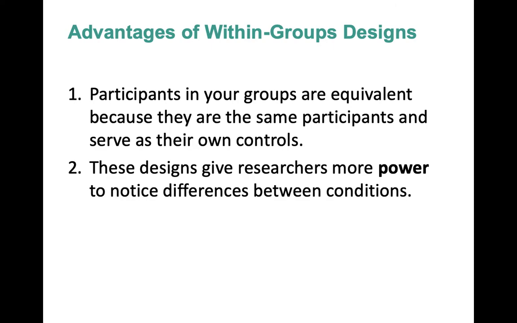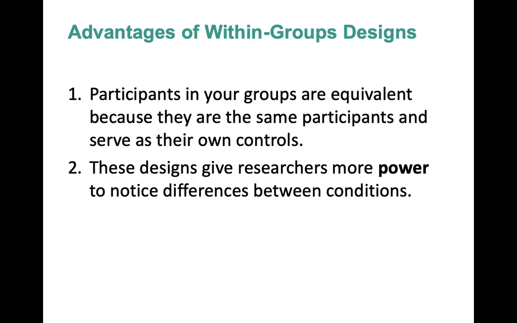Since the same people are in both groups or in all of the groups of the experiment, it reduces the unsystematic variability between groups that obscure true differences. So again, each person serves as their control. And so you're looking at anything that could produce error or nuisance or noise or variability, extra variability into the data is really minimized when you have the same person participating in both conditions.